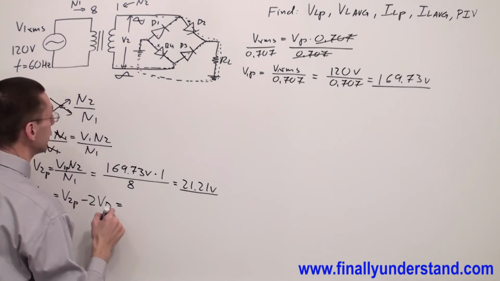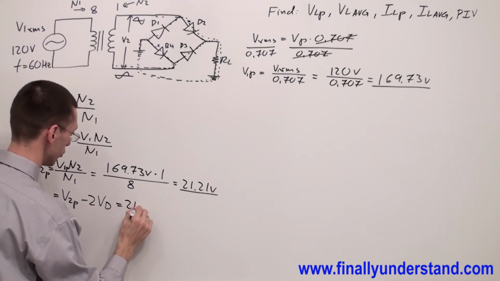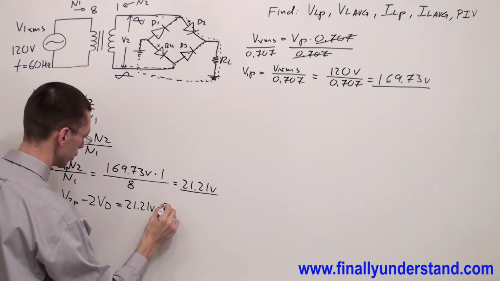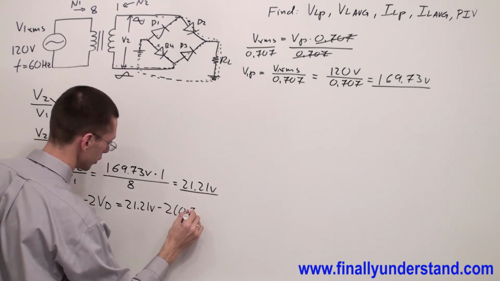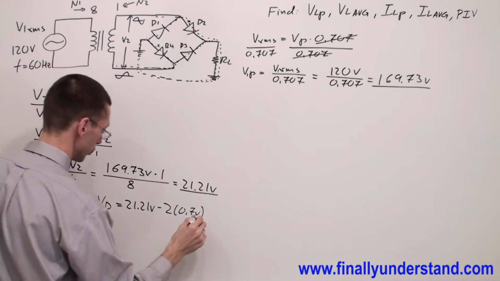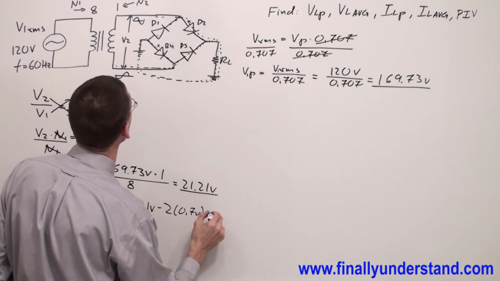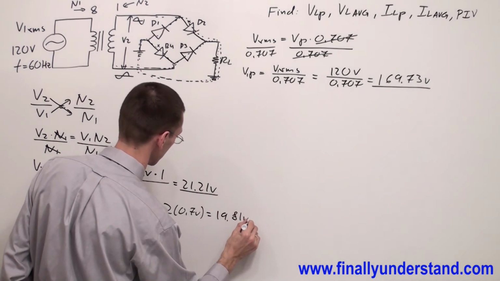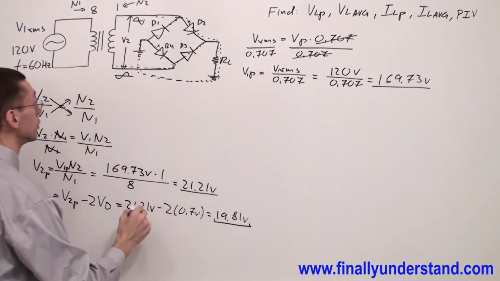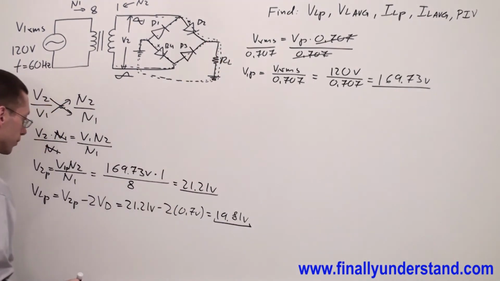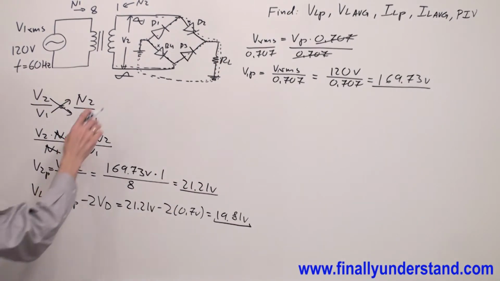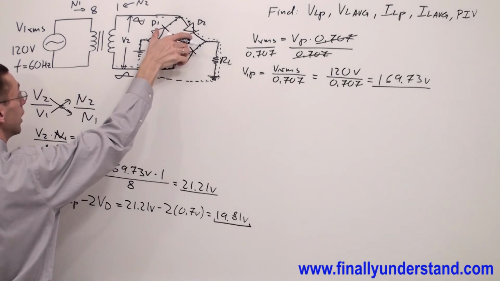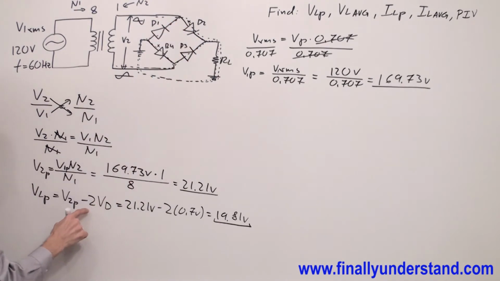V2 peak is 21.21 volts minus 2 times 0.7, which is equal to VL peak, 19.81 volts. This is the voltage across the resistor. Remember, when we talk about the bridge, two diodes are always conducting. That's why I'm subtracting 2 VD. This is my VL peak.